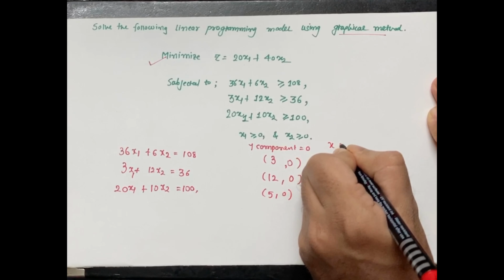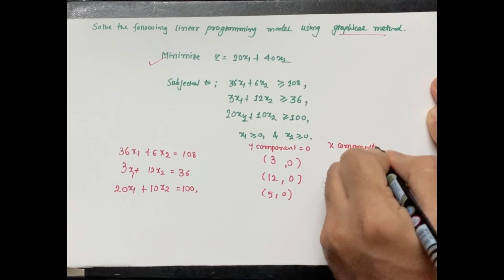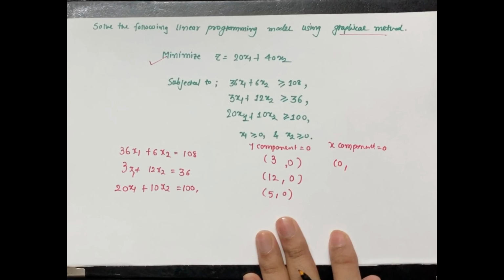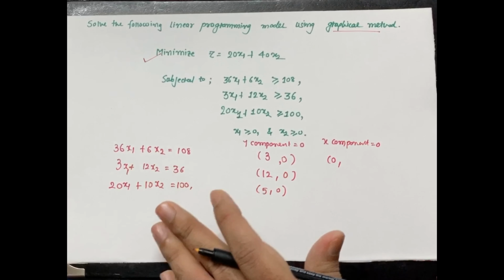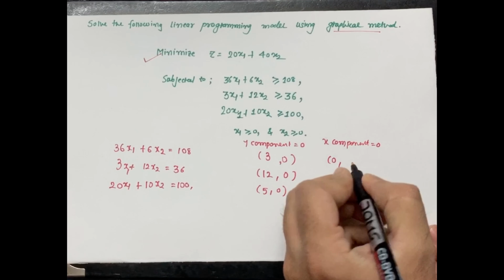Likewise, to compute the intercept with the y-axis, I am taking the x component as 0. So 36x1 will become 0. It gives me the equation 6x2 = 108, so x2 = 108 divided by 6, which gives a result of 18.